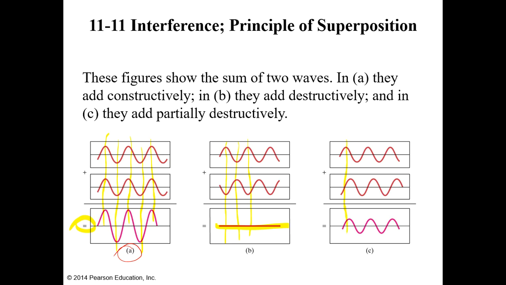A crest plus 0 would be the crest. 0 plus the crest, positive A, would be positive A. And here you have a trough plus 0 gives you a trough. Crest plus 0 gives you a crest. So anyway, what's going on is we are adding the amplitudes of the two waves together. And in this case, you get almost the same wave, just slightly shifted in a different phase, if you will.